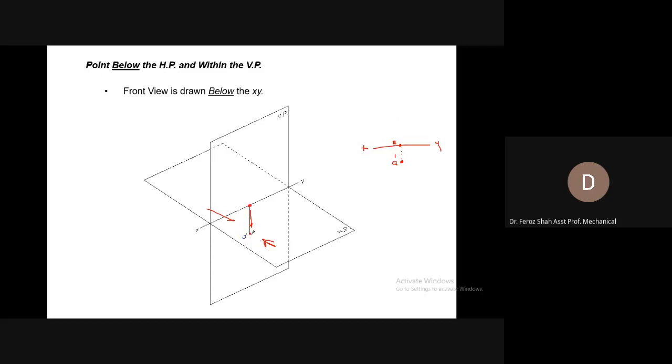You can say that this is the case for the third angle as well as for the fourth angle of projection, and both would give you the same answer. So whether you draw it according to the third angle or the fourth angle, the result would be the same. As far as the point is at the boundary of the third and the fourth angle of projection, you can use either of the two methods and the result would be the same.